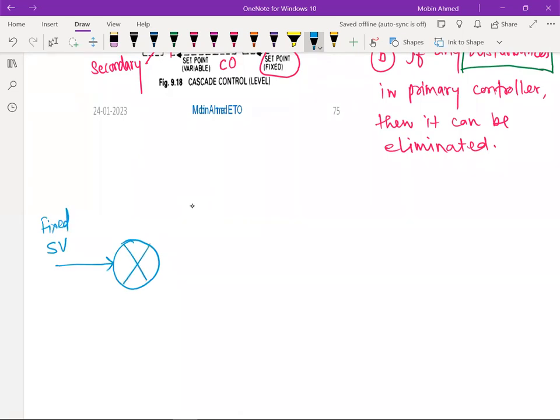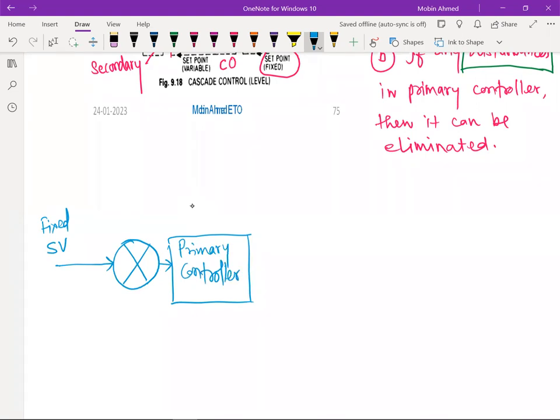This is a comparator and it is given to the primary controller.